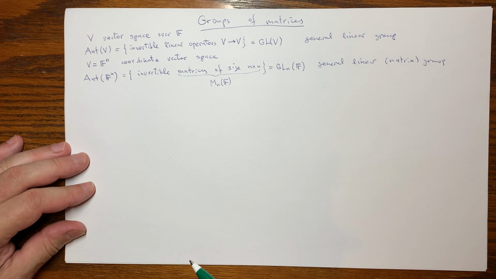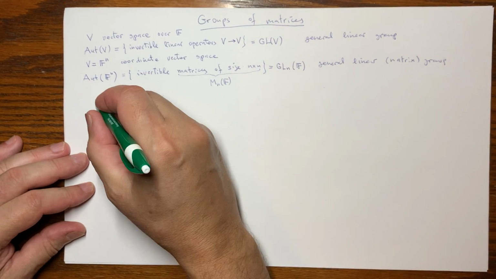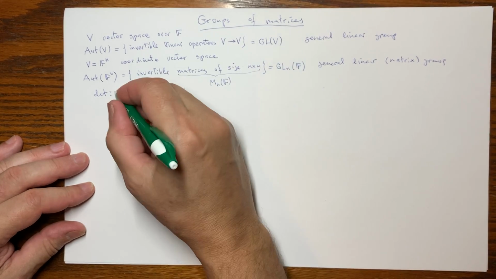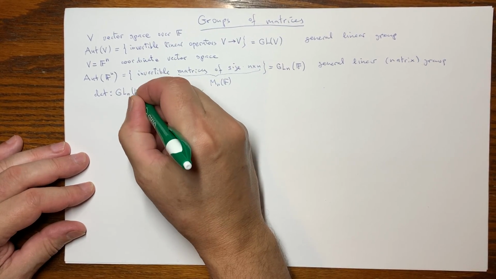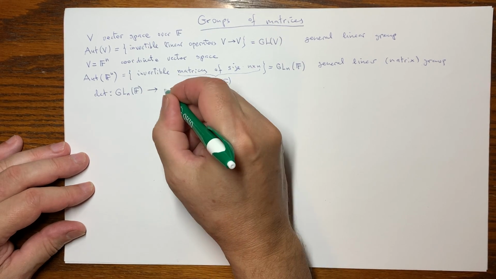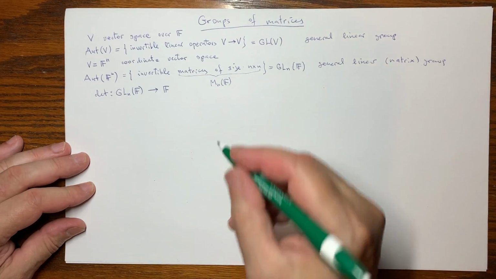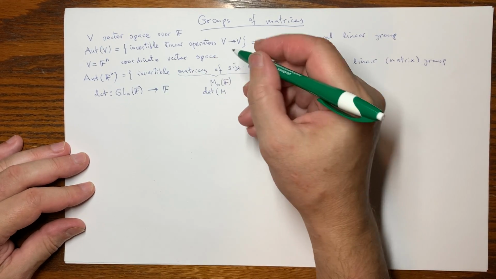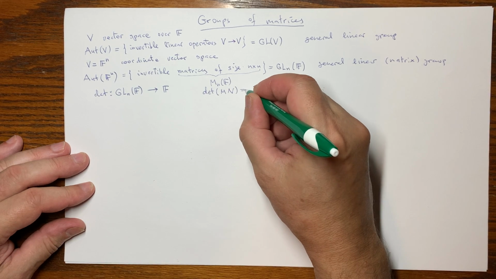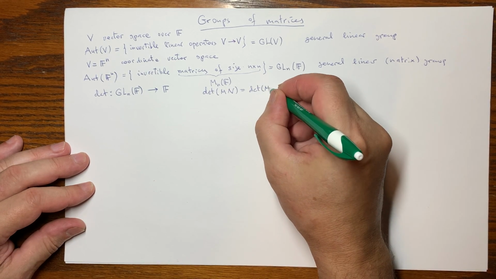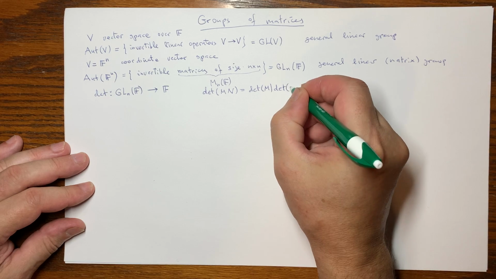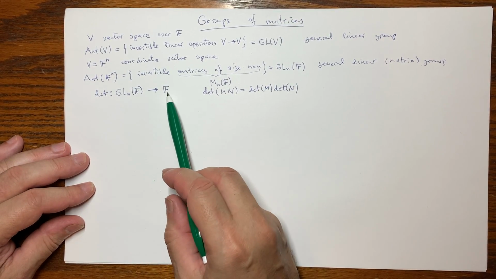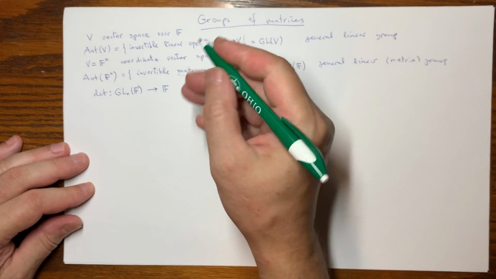The determinant itself is going to be a function on the invertible matrices with values in numbers, and the multiplicativity of the determinant is the statement that we have a homomorphism into the multiplicative group of our field.